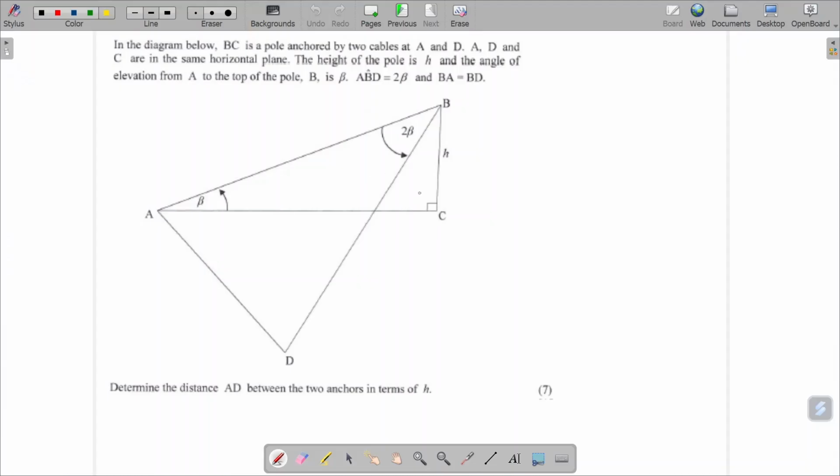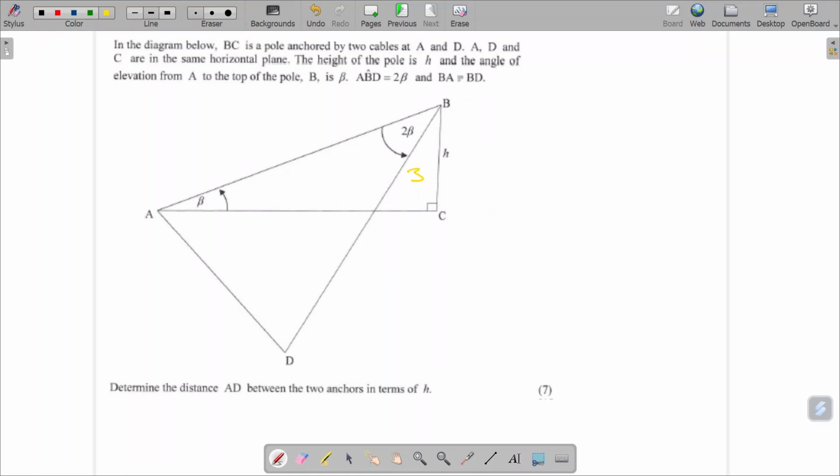Okay, so again, let's see if some of the hints we've had can help. We've got a triangle in the background, and that is right angled. We know the H and we know the beta. So in that background triangle, we know 3 facts. We can start there. In this front slanting triangle, BAD, we currently know the 2 beta, and that looks like pretty much all we know right now, so we're going to have to do some work.